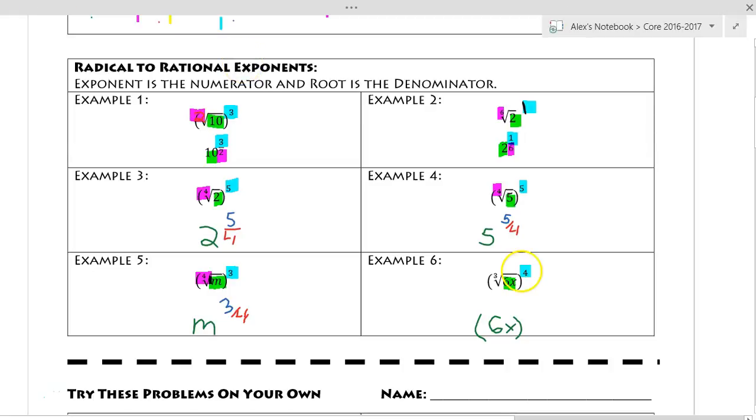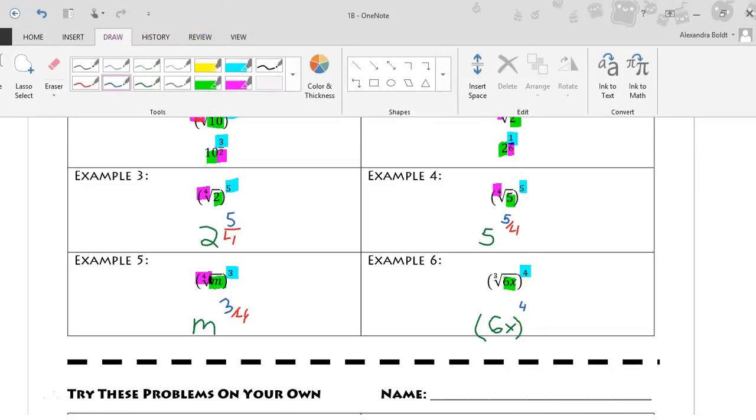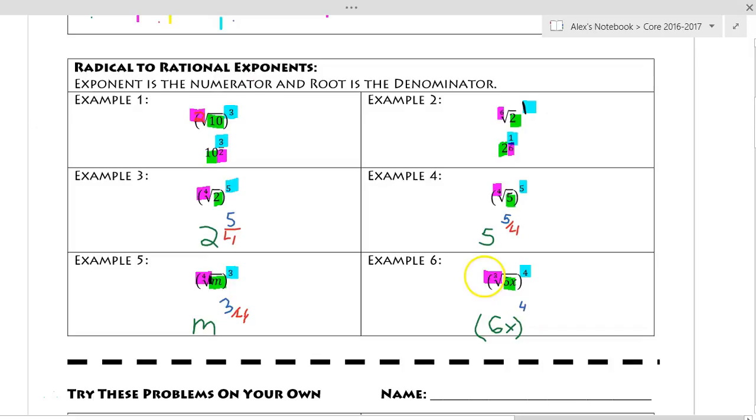So then my exponent is 4, so that goes in the numerator. And my index, or my root, is 3. So that goes in the denominator. So the cube root of 6x to the 4th is 6x to the 4/3.